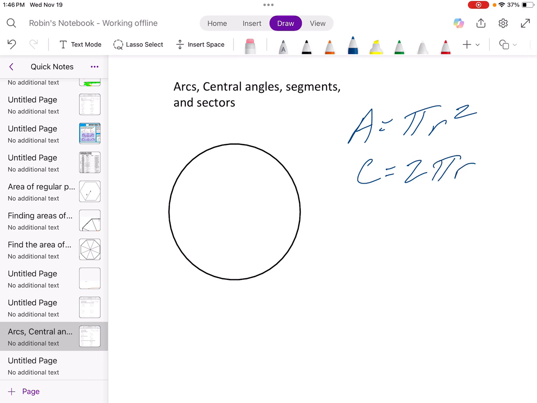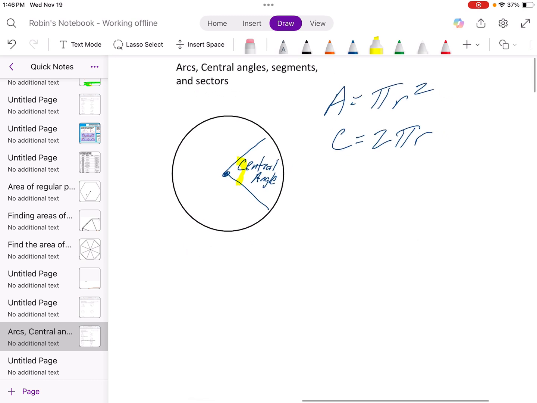Now, from the center, this is a central angle, specifically referring to the angle on the inside. Okay? If I want a sector, I'm referring to basically the piece of pizza that it makes.